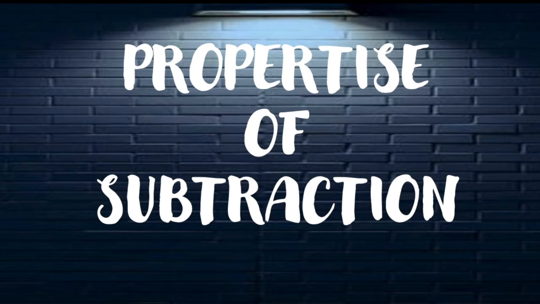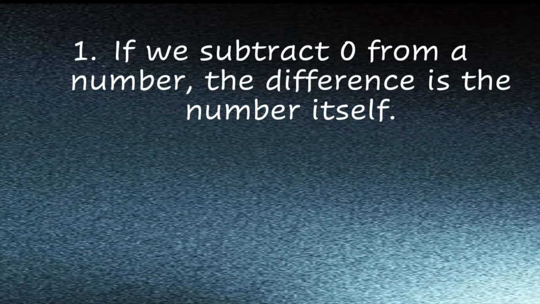Next we are going to see the properties of subtraction. First property: if we subtract 0 from a number, the difference is the number itself. Which says that if any number is subtracted with 0, the answer will be the number itself. For example, you have 27 and 0.